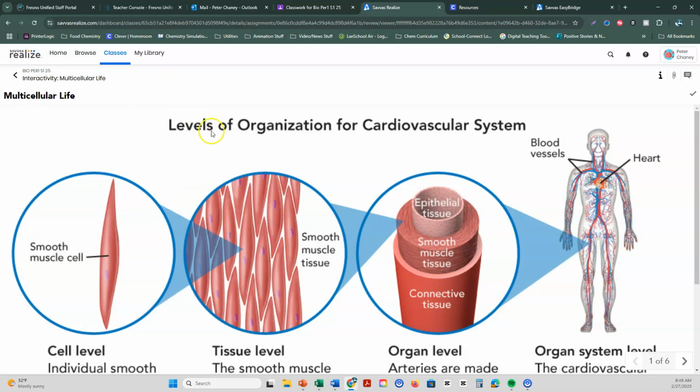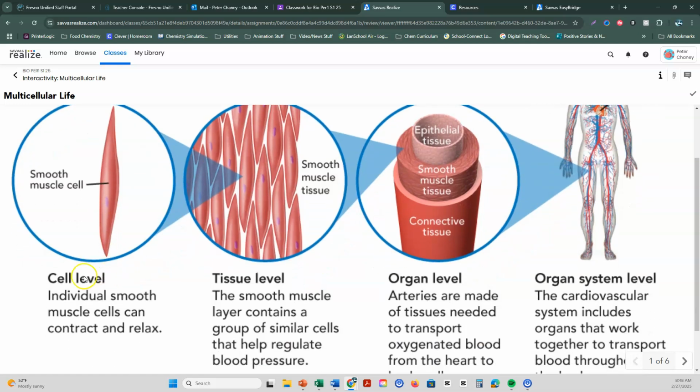So, multicellular life: levels of organization for the cardiovascular system. We've been going through these things with the Khan Academy material and supplementing them with the textbook as well. Here are the levels we've been talking about. We have the cell level: individual smooth muscle cells can contract and relax. Then a bunch of cells make up a tissue. The tissue level, the smooth muscle layer, contains a group of similar cells that help regulate blood pressure.